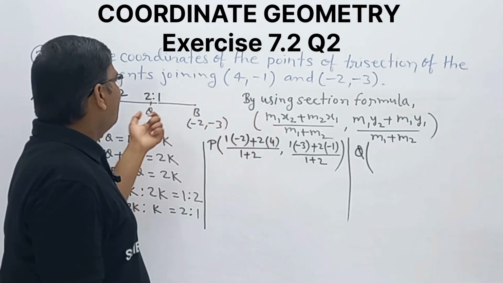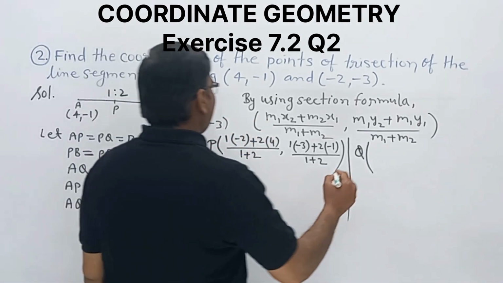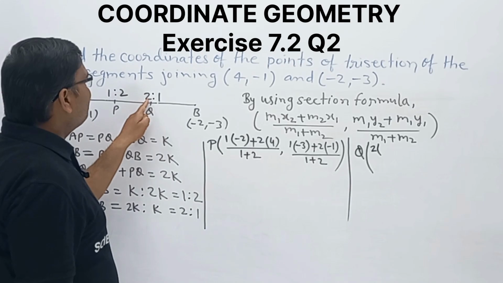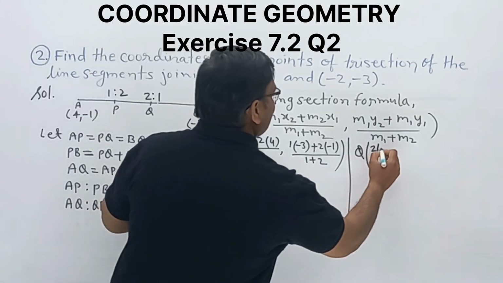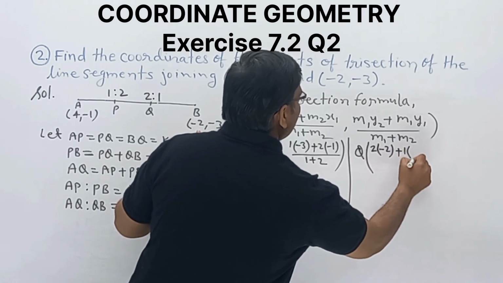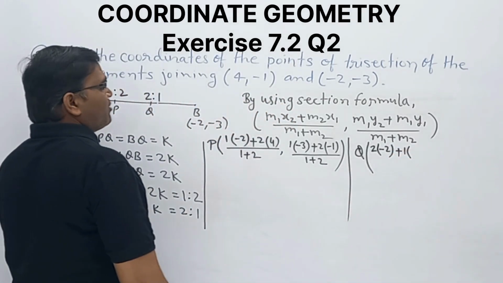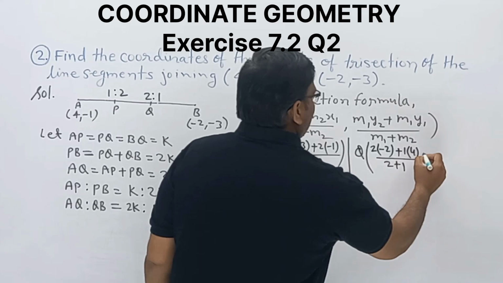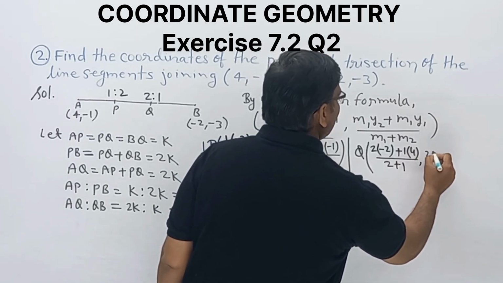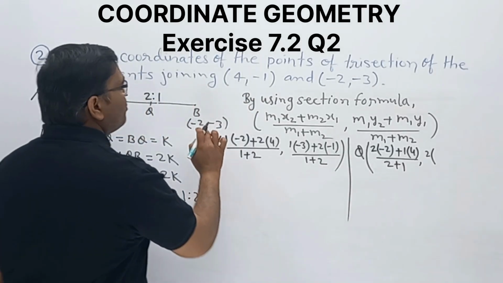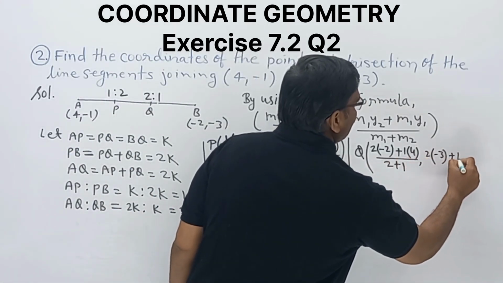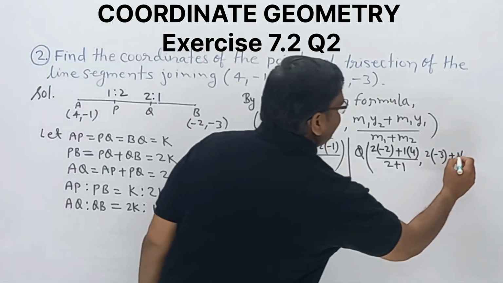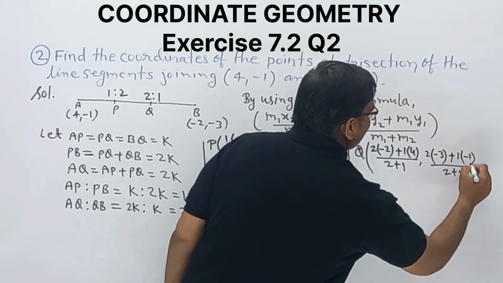Applying the formula for the 2:1 ratio, this can be written as 2 times x2, which is -2, plus 1 times x1, which is 4, divided by 2 plus 1, comma, 2 times y2, which is -3, plus 1 times y1, which is -1, divided by m1 plus m2.